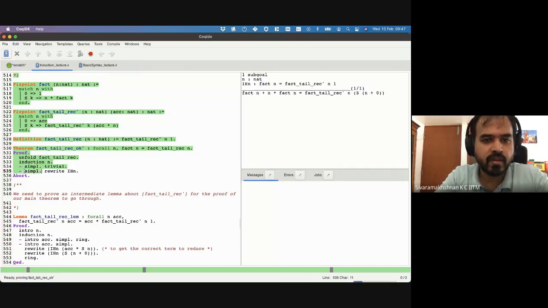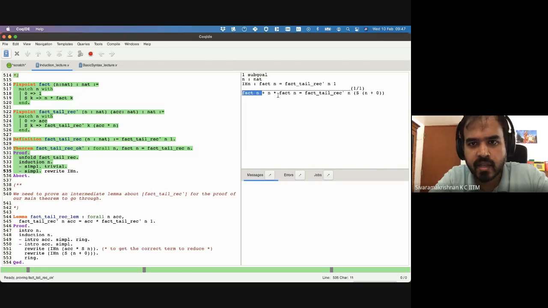If you simplify, some simplification happens, then you have this fact n term here, and the fact n term here. So we can rewrite all of the fact n's in this term with this term. That is what I'm going to do by using the induction hypothesis.